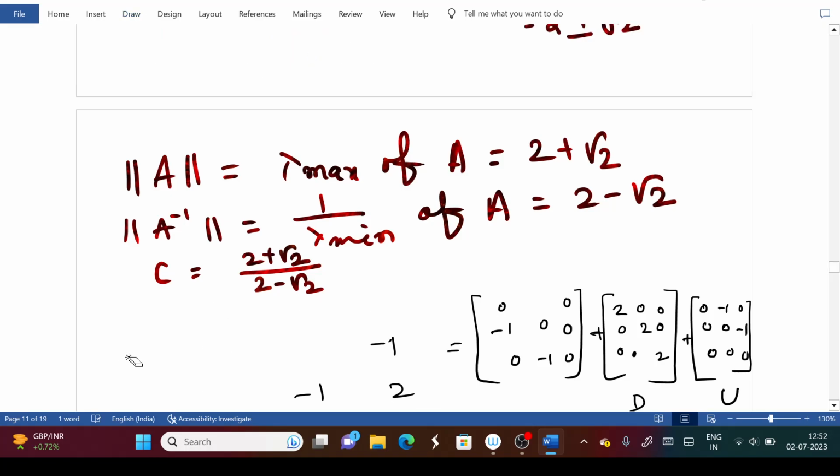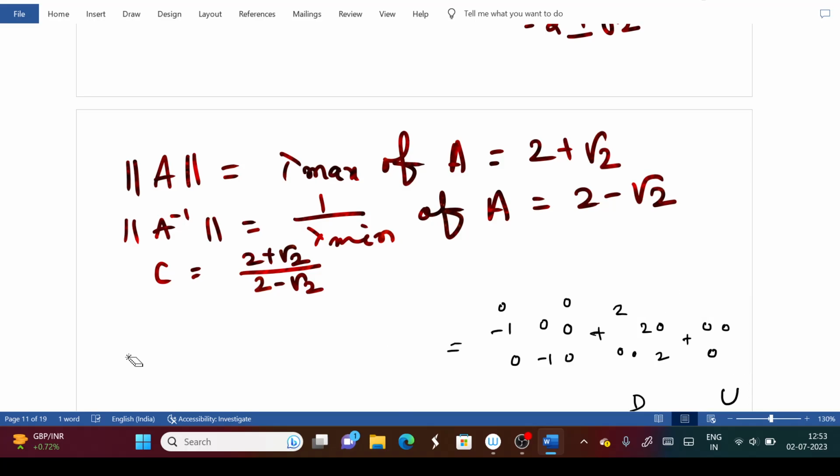Next, we will go for matrices which are not positive definite.